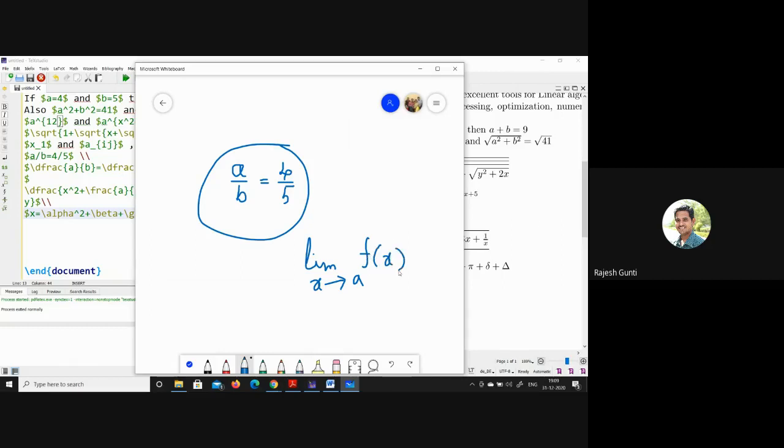Not only limit, suppose maximum, max of. Most of the time we'll type like this: max x belongs to. How to bring this arrow symbol, how to bring x belongs to alpha beta.